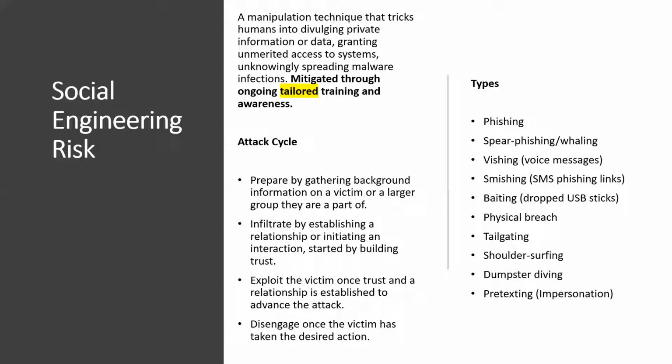Cyber criminals are able to gather a lot of background information on unsuspecting victims. So we should watch how much we actually post out there about ourselves to reduce the risk of a social engineering attack against us.